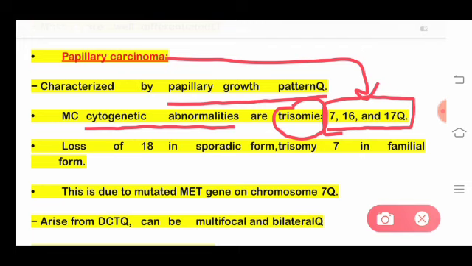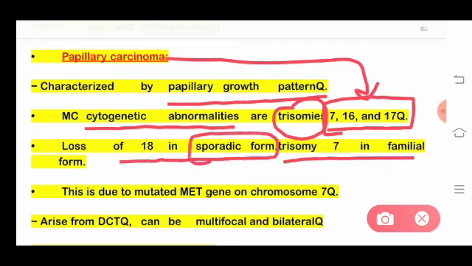There is loss of 18 in the sporadic form and trisomy 7 in the familial form. This is different from clear cell, where both forms had the same abnormality, but here the sporadic form has loss of 18 while the familial form has trisomy 7.